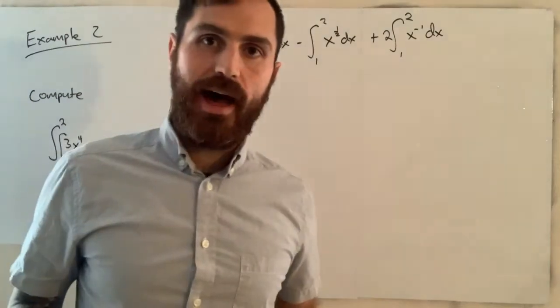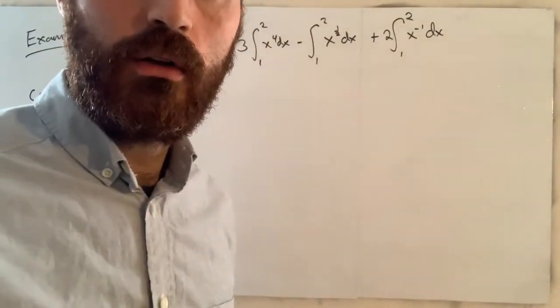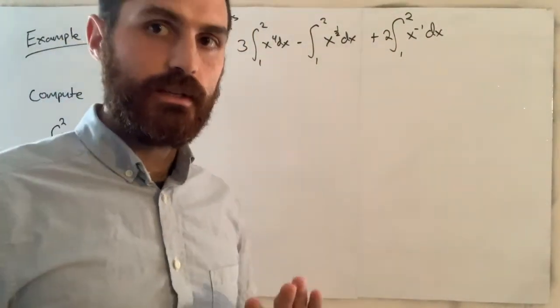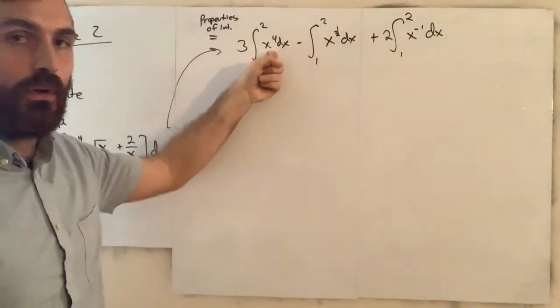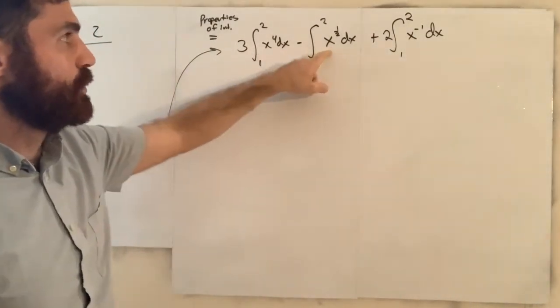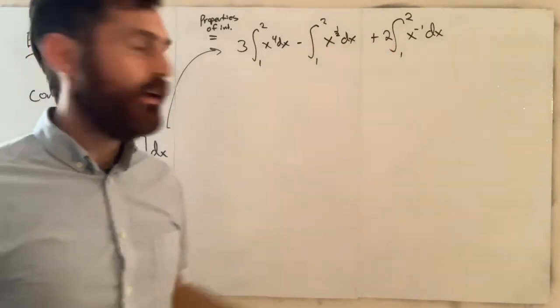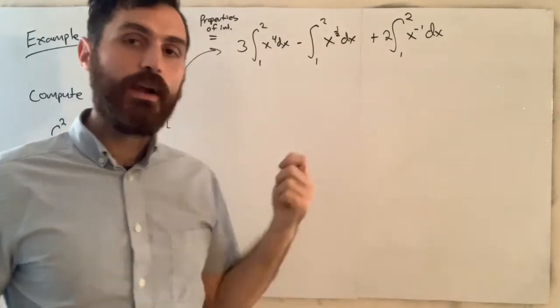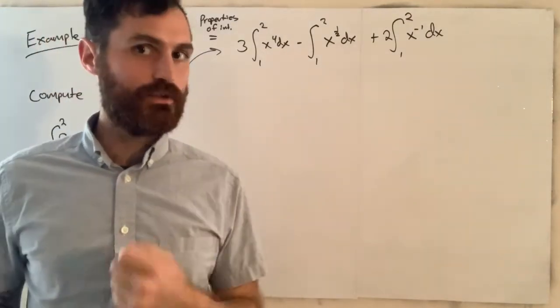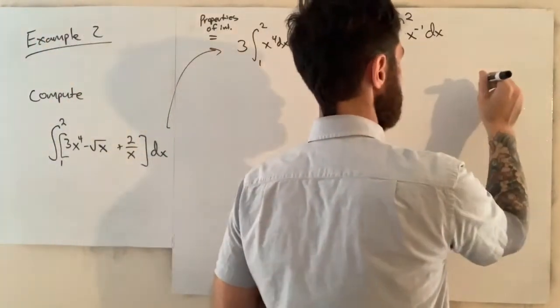Why did I do that? Well, one of the reasons is that I have a rule for how to work with each of these. Notice it's just x raised to a power. So I know antiderivatives for x raised to a power. I have the reverse power rule.